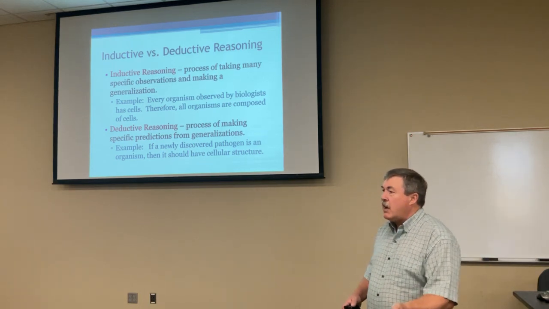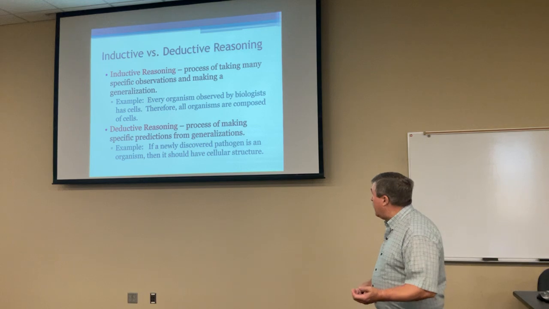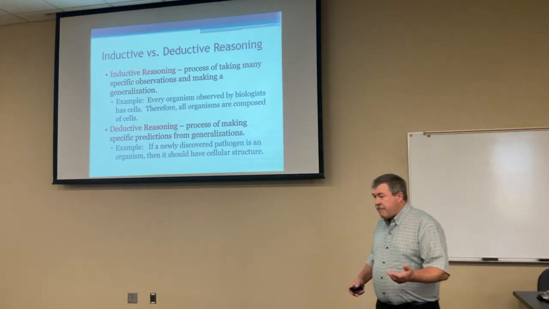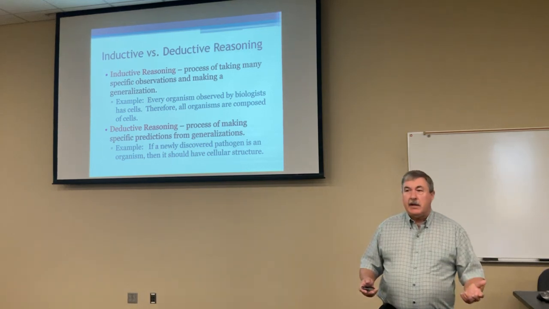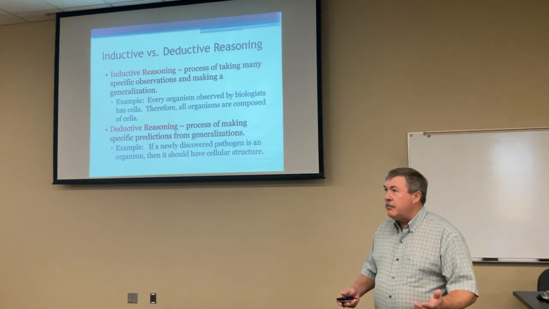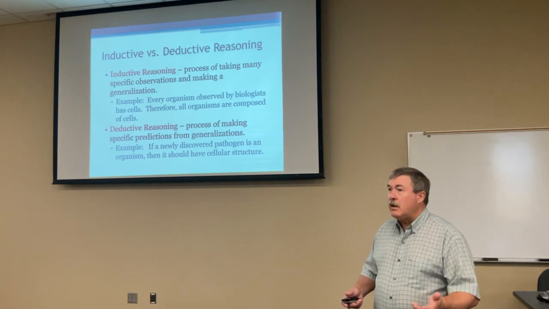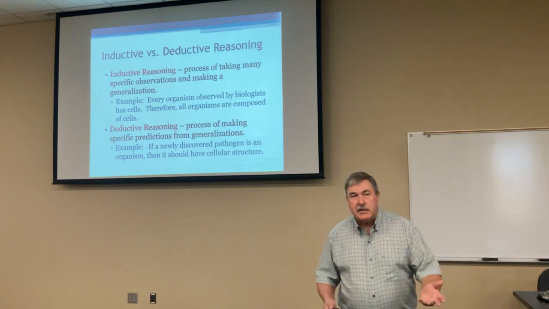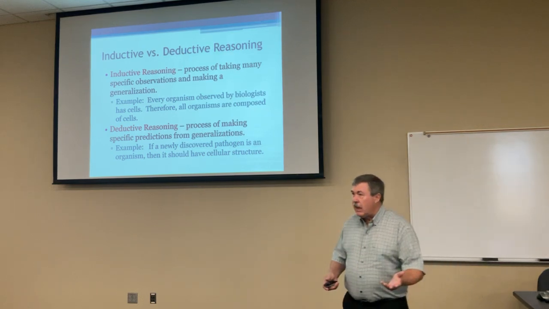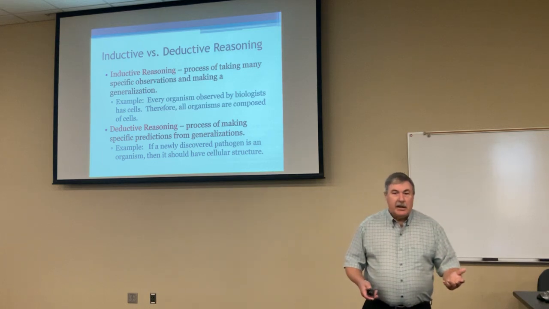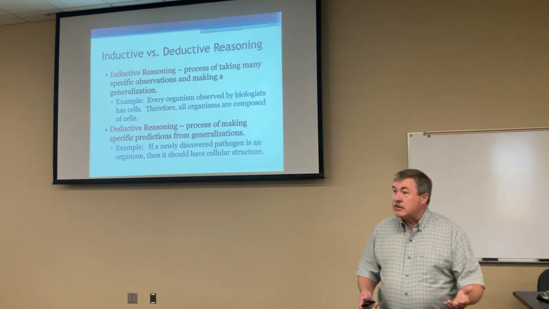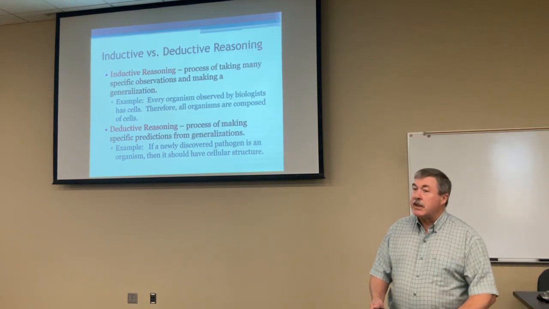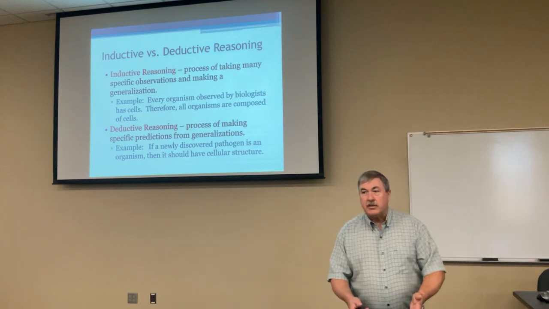A pathogen is a disease-causing germ. And you don't know what it is, but you can make the prediction, well, if that organism is made up of at least one cell, then that organism has to be a living organism, because all organisms are composed of cells.